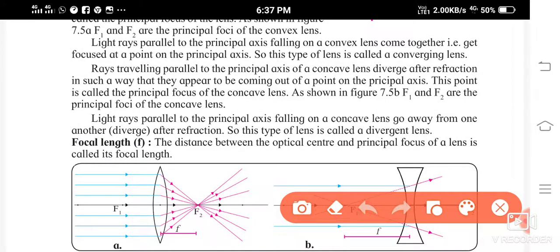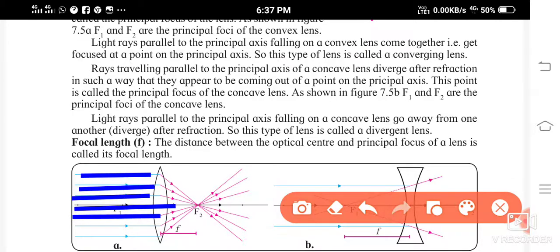See, this is the principal axis. These rays of light are parallel to the principal axis. When they are incident on the convex lens, what is going to happen? When they pass through this lens, they all converge at a point.